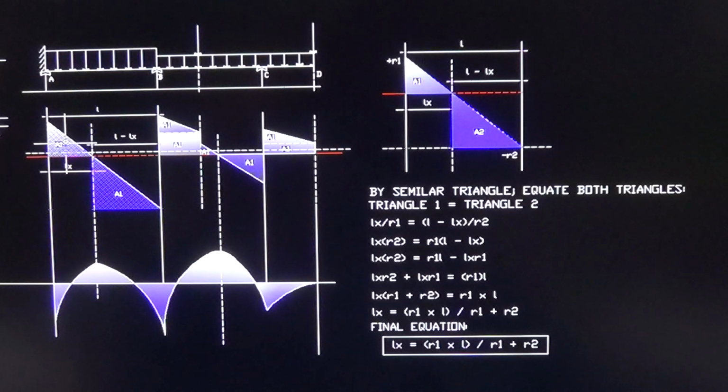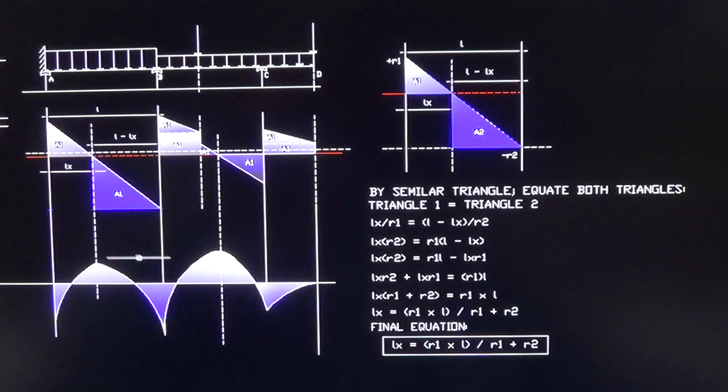This is the moment around here, this point here. The area 1 is the moment here. If you solve the area of this, but there is a negative moment right here, so you sum this moment, the positive and negative moment. Sometimes it becomes positive, sometimes it becomes negative. When it is positive moment, it is above this moment line, and below that these are the negative moments.